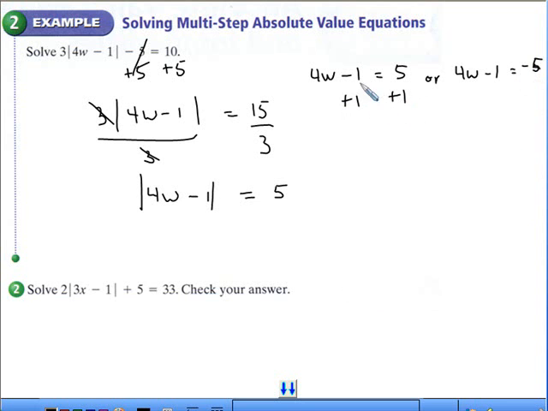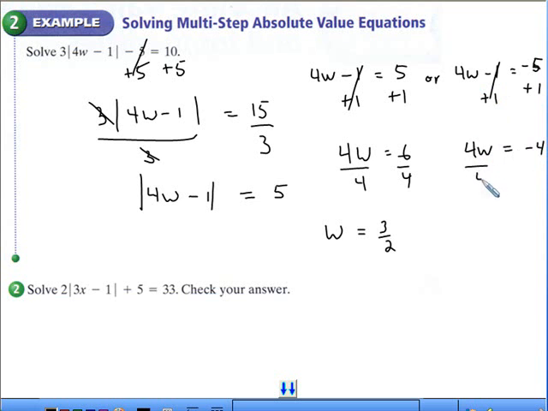Add 1, 4w is equal to 6, divide by 4. W is equal to 6 over 4, which reduces to 3 over 2. Over here, add 1, 4w is equal to negative 4, divide by 4. W is equal to negative 1.